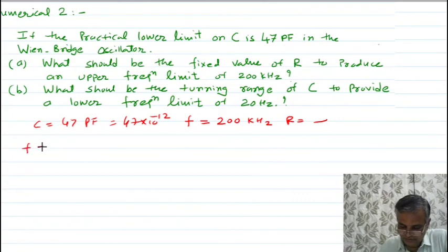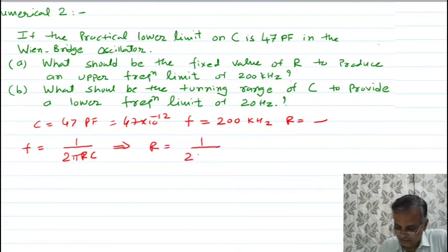You know the equation, F is equal to 1 upon 2 pi RC. From this, R is given by 1 upon 2 pi FC.